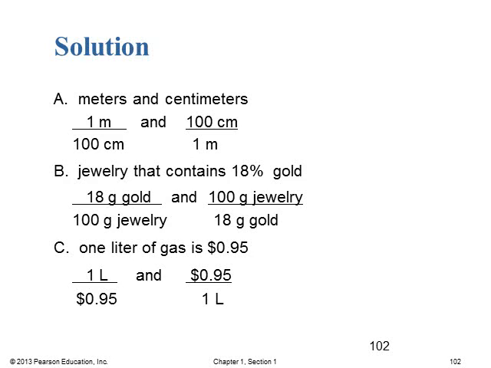So 18 over 100 grams, or just the opposite, 100 grams of jewelry over 18 grams of gold. Either would be accepted. Then 1 liter of gas is 95 cents. You can set that up as 1 liter over 95 cents or 95 cents over 1 liter.